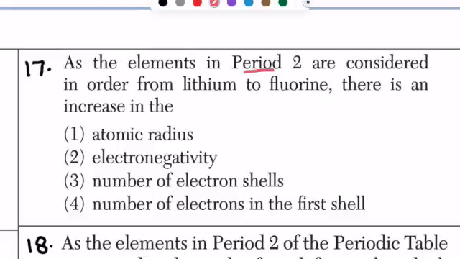So because the nucleus is becoming stronger and stronger, the atomic radius actually decreases instead of increasing. So that's not your answer. Because atomic radius decreases, that means it becomes easier for the nucleus to attract other electrons. So electronegativity goes up. The number of electron shells are going to stay the same because they're in the same period. And number of electrons in the first shell are also going to stay the same because they are always 2.